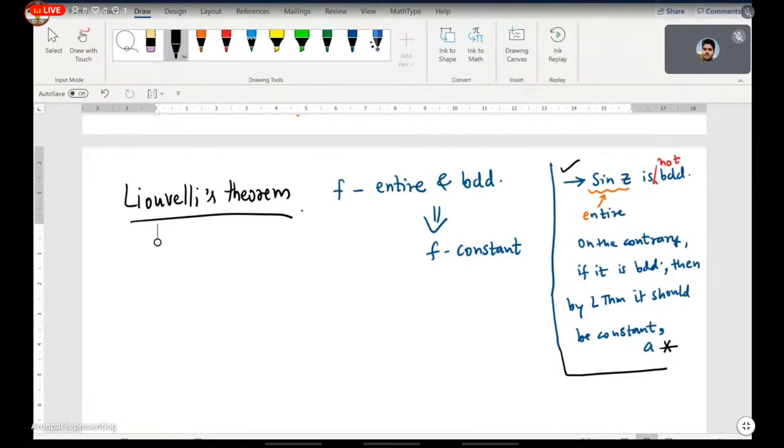So class, let's look into the proof of Liouville's theorem. Very simple proof. It is entire and bounded.